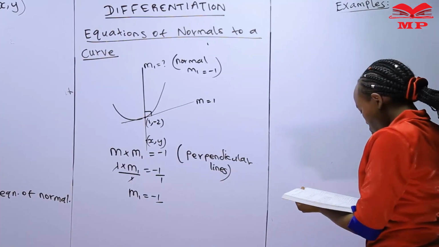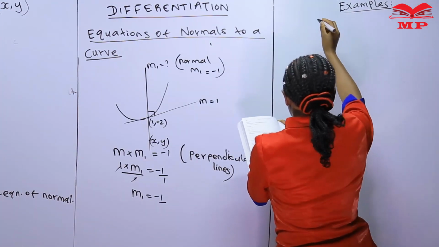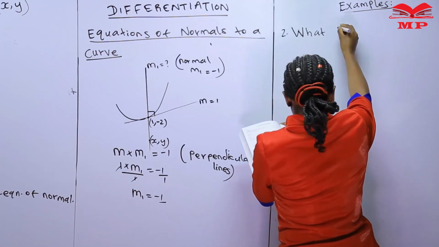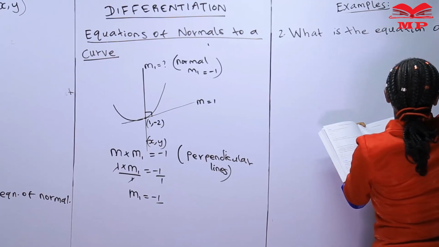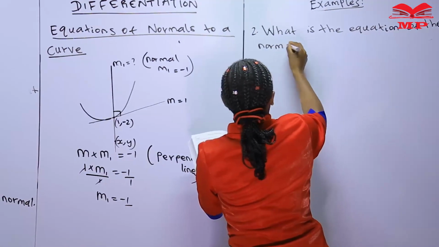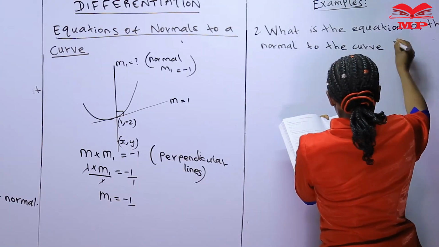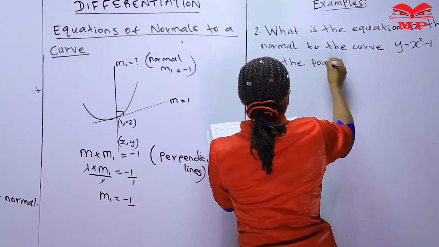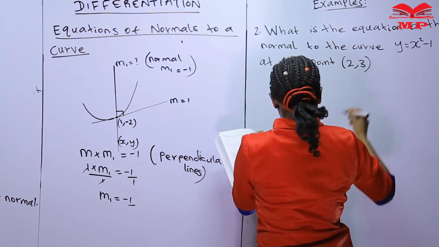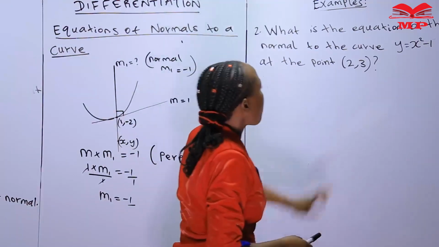We are told, number 2: What is the equation of the normal to the curve y is equal to x squared minus 1 at the point 2, 3?